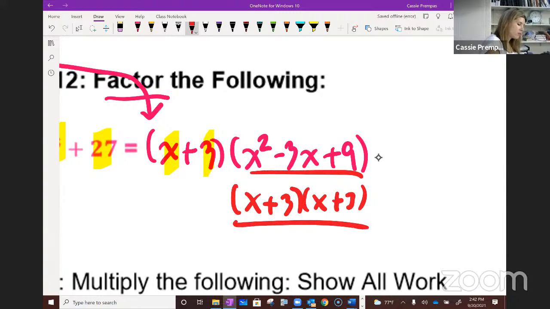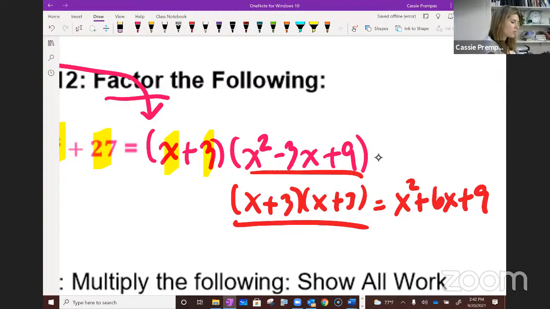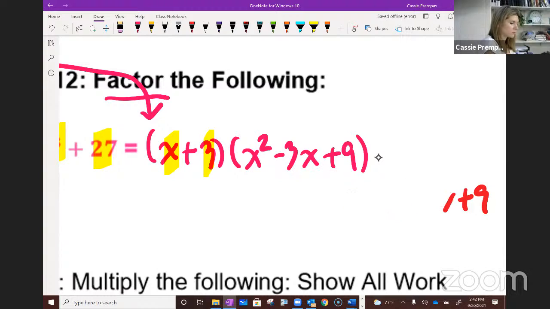It's not, because if we multiply this out, you guys did that on your bell ringer, it's x squared plus 6x plus 9. So it's not the same as this. That's a really good observation to make. I can't just write this as x plus 3 times x plus 3 times x plus 3, because it won't multiply to be that. Just multiplying with it is not factoring.